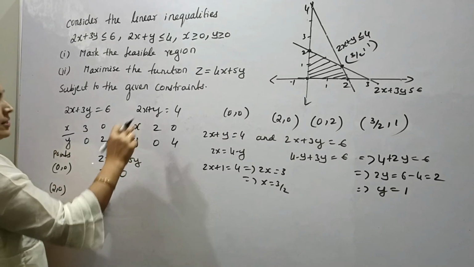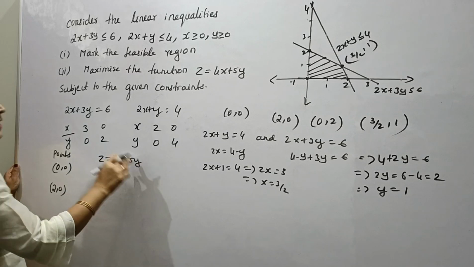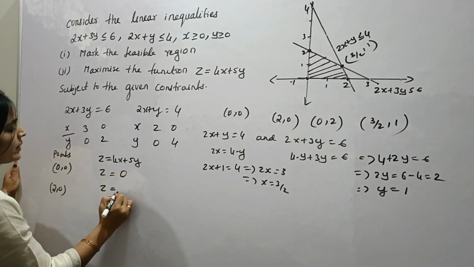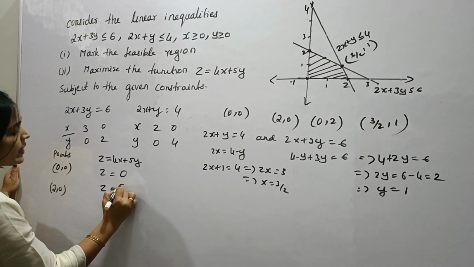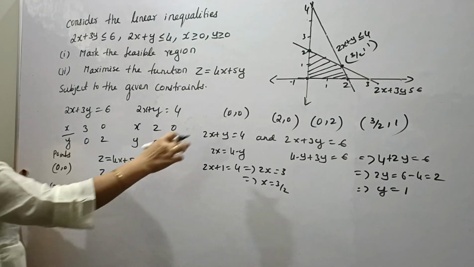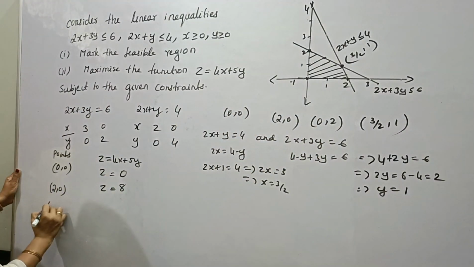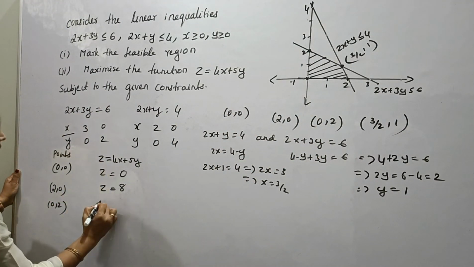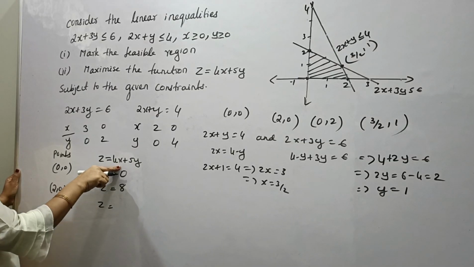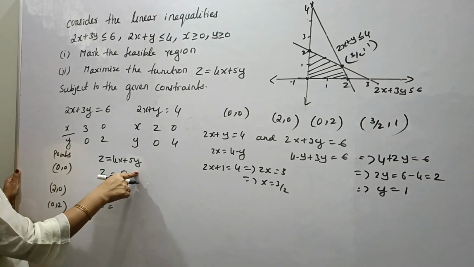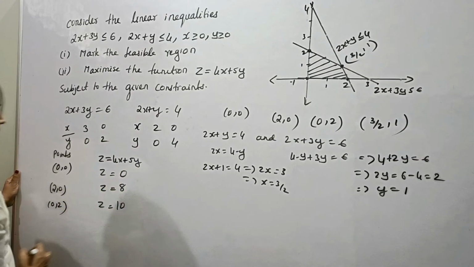Okay, substitute x is equal to 2, y is equal to 0. That is 4 into 2, 8. Next, let's substitute 0, 2. Put x is equal to 0, y is equal to 2, z is equal to 10.